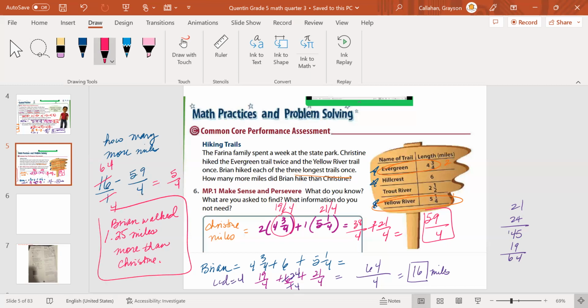So how many more miles did Brian walk than Christine? 1 and which is what? 1.25. Good job. You did a good job.